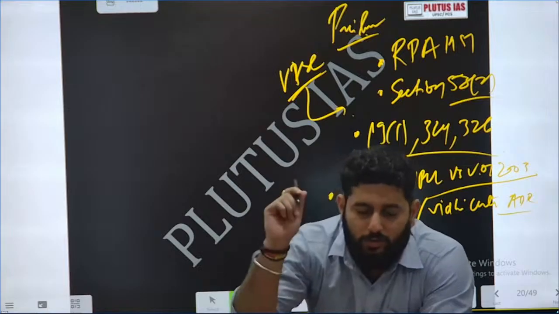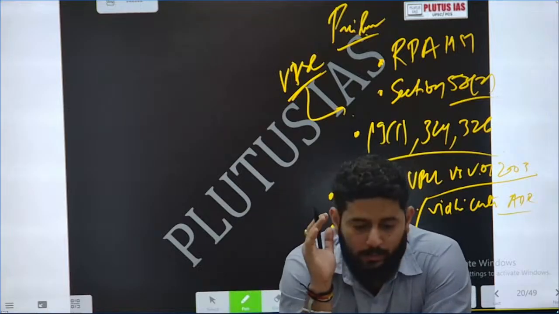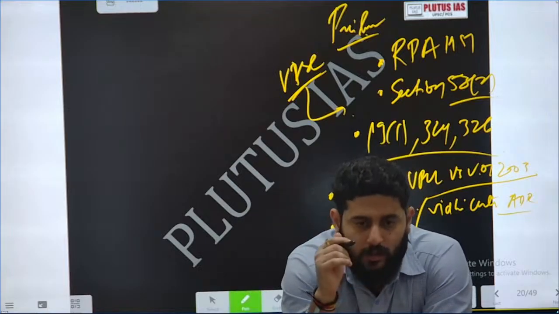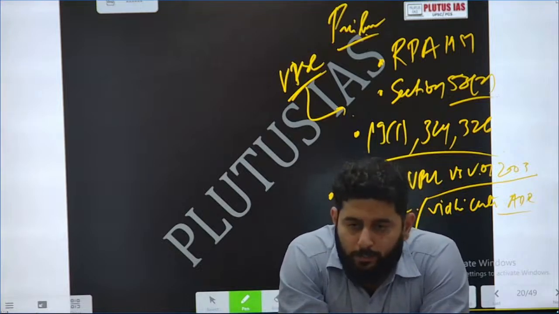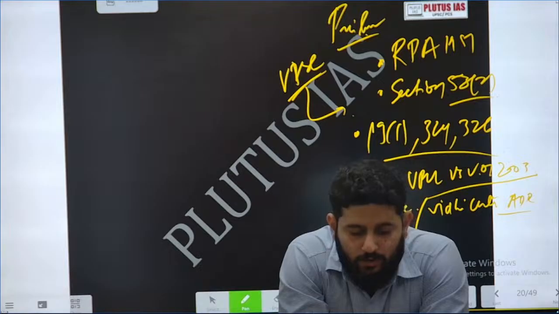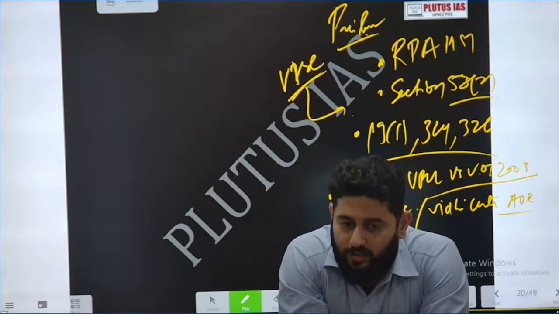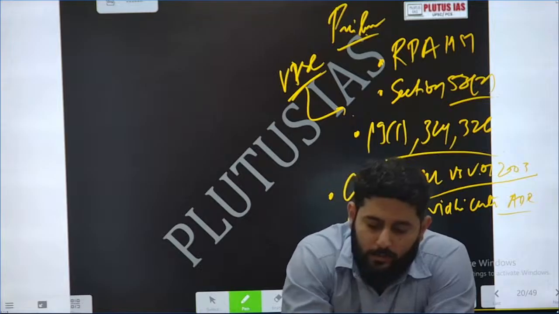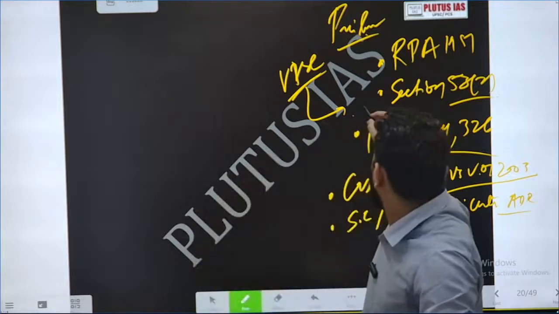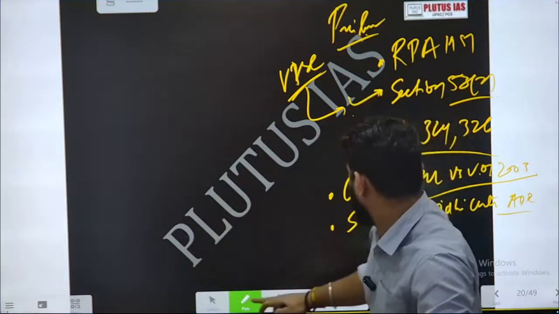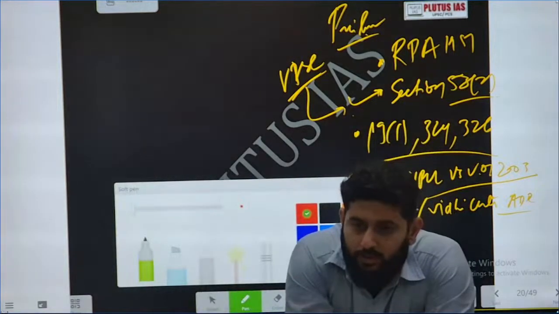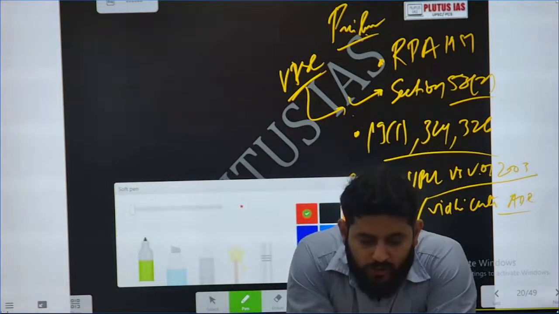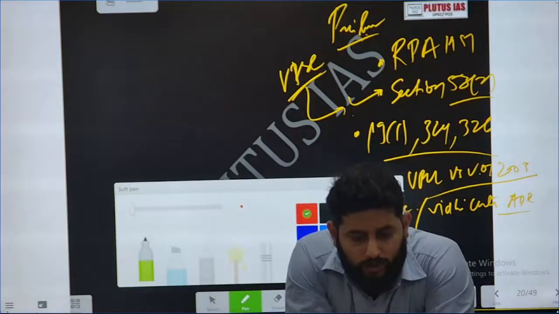First of all, the prelims relevance of the Representation of the People Act 1951. In that, the key static area connected directly is Section 53, declaration of unopposed candidate. This is the direct context.